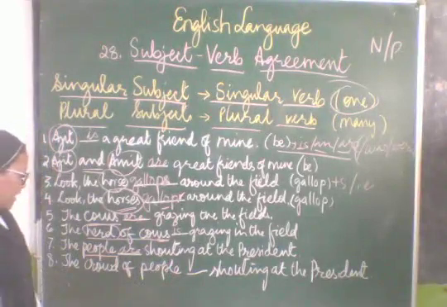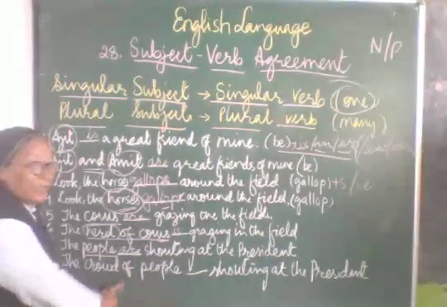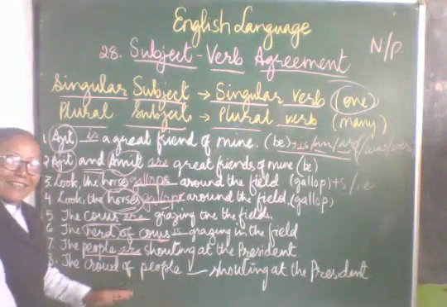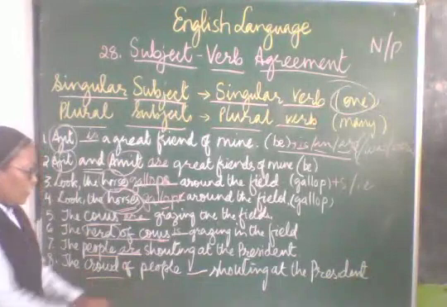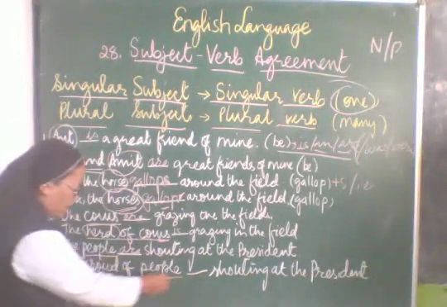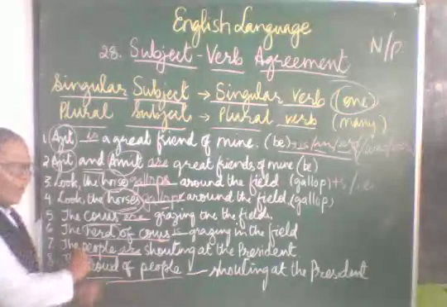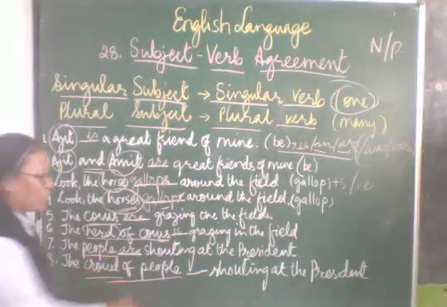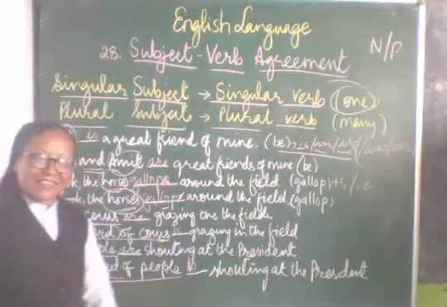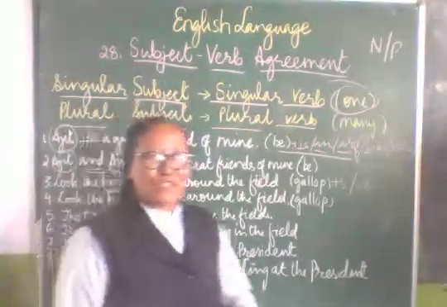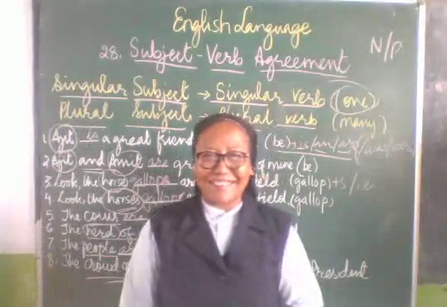But now look at the second sentence. The crowd of people. Again here a collective noun is being used. Crowd. So whenever there is a collective noun, we have to use is. The crowd of people is shouting at the president. I can see our students are getting smarter day by day.